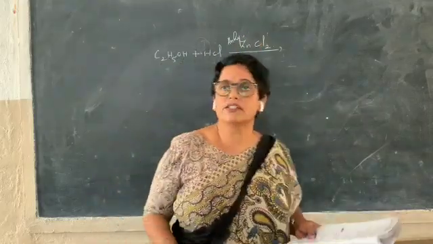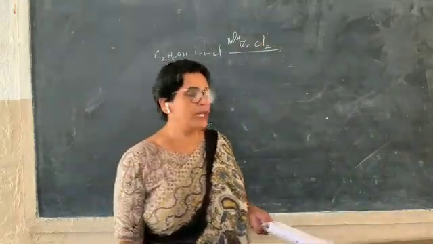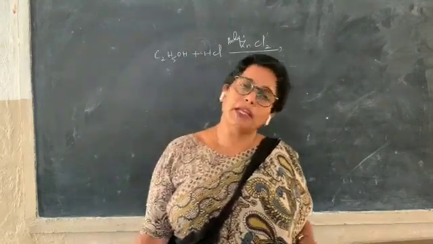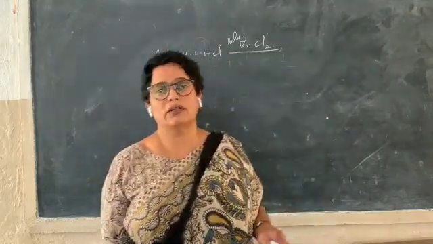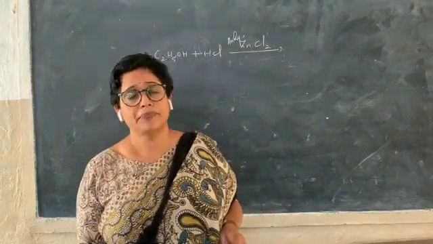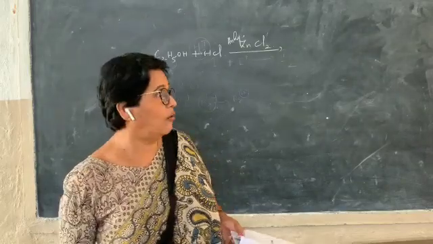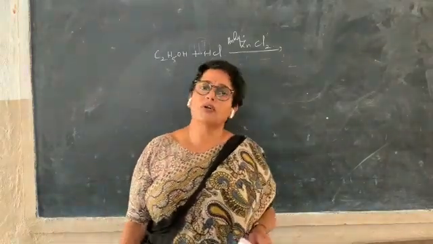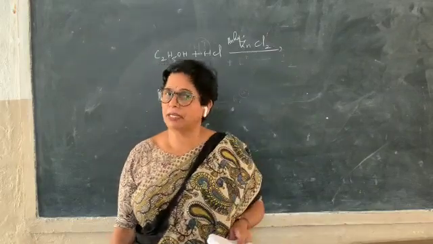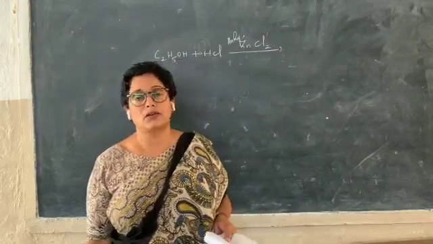Yesterday I explained what is meant by anhydrous. Anhydrous means there won't be a single molecule of water there, completely dehydrated. By the removal of all the water molecules from the zinc chloride, it becomes anhydrous zinc chloride.